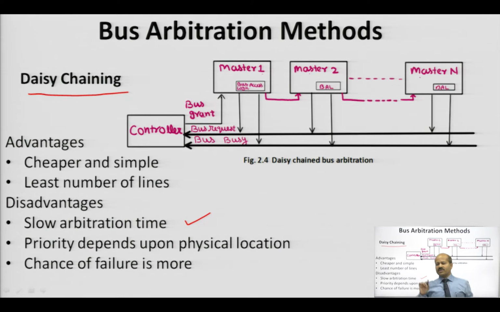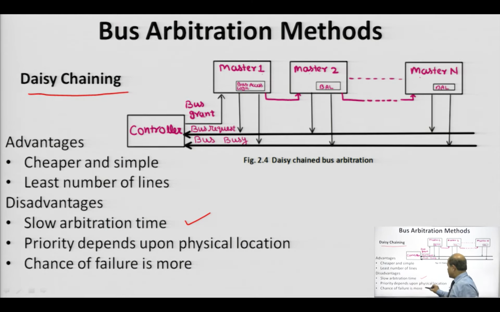The master requesting the bus at the last location will always get the bus last. So, the priority of getting the bus depends upon physical location.